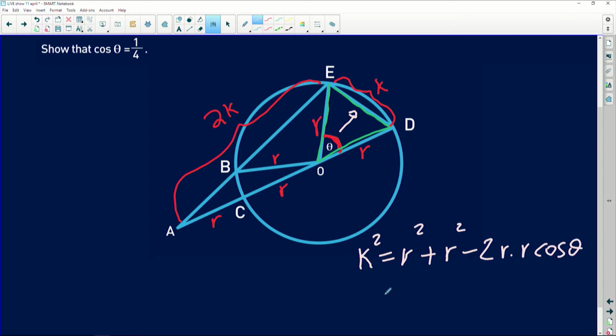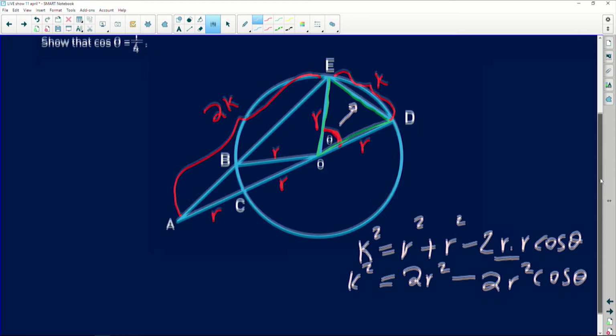If I simplify this further, we end up with r squared plus r squared, which is 2r squared, minus, when you multiply these 2 r's here, another 2r squared cos theta, which is equal to k squared. Please don't make the mistake of subtracting the 2r squared and 2r squared here to get a 0, because these are not like terms.